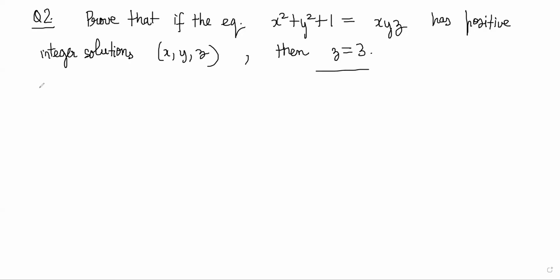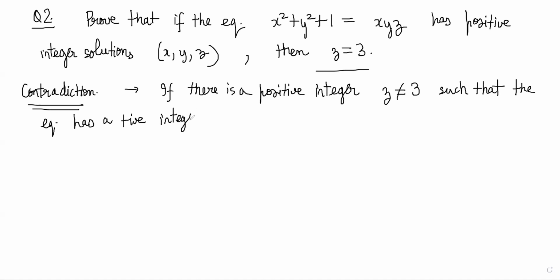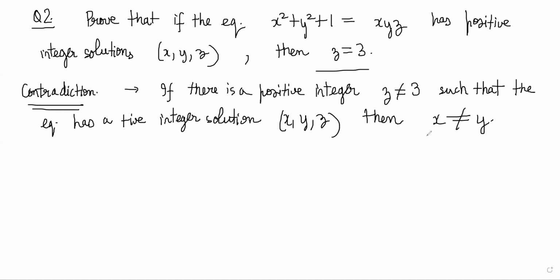Okay, so we are going to approach this question by a proof by contradiction, and we are going to say that if there is a positive integer z not equal to 3 such that the equation has a positive integer solution x, y, and z, then x cannot be equal to y.